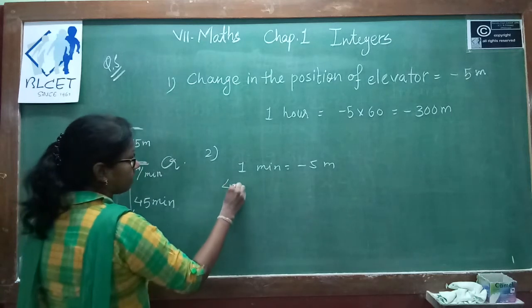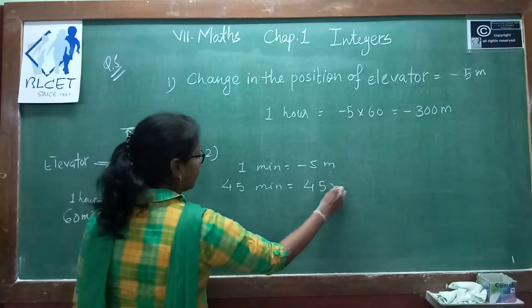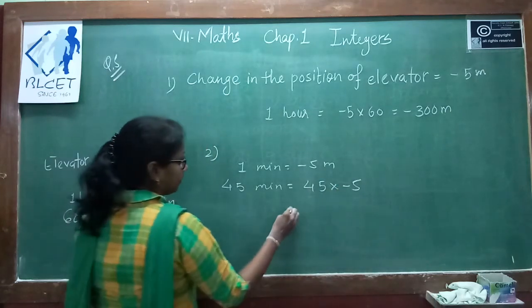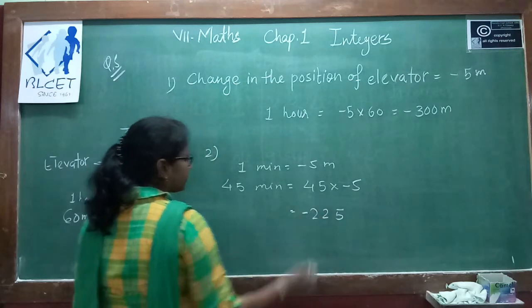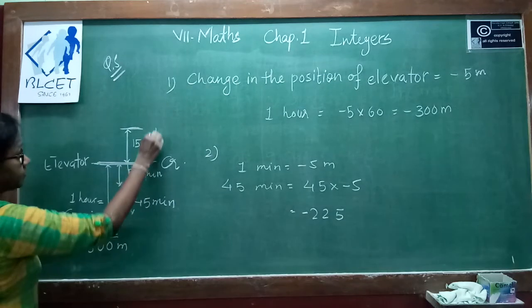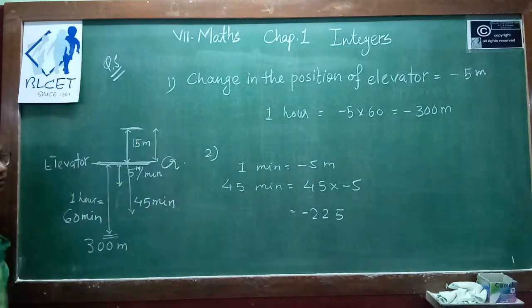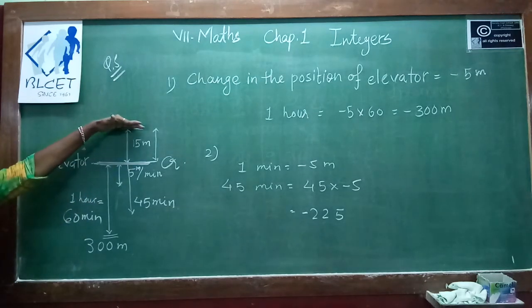So in 45 minutes, 45 multiplied by -5. 5 fives are 25, and so on, 225 distance it can cover from the ground level. So this much we have to add, because ultimately it starts from here.